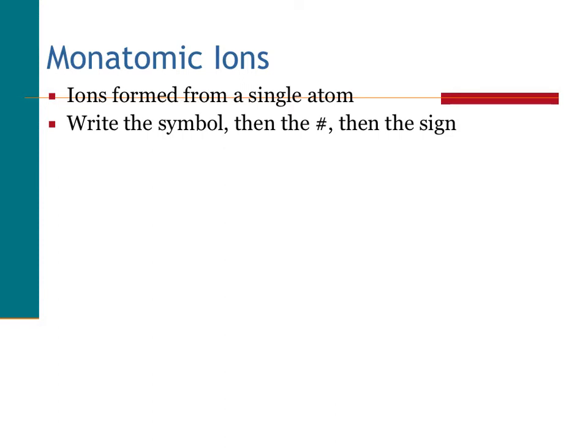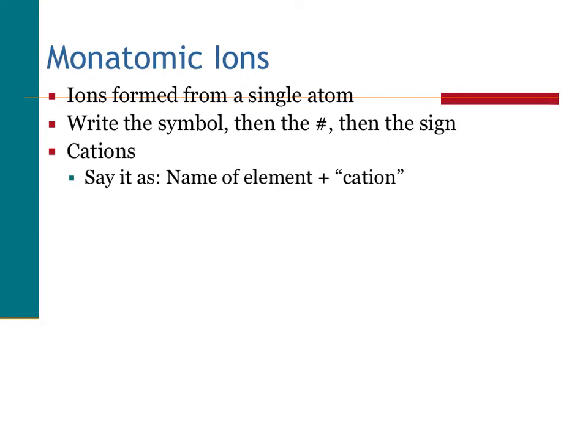So the basic rule is when you name these ions, you write their symbol, the letter associated with them, then you write the number of the charge, 1, 2, or 3, and then you're going to have a sign. So it's number, then sign. And then if it's losing electrons, becoming charged with a positive charge, you would add the word cation at the end if we were talking just about an ion.